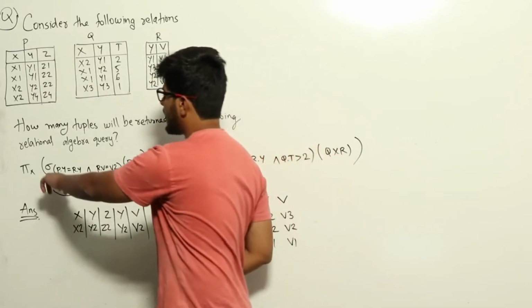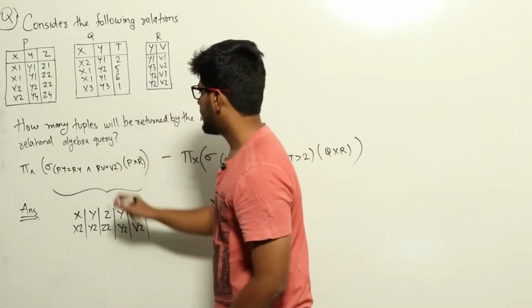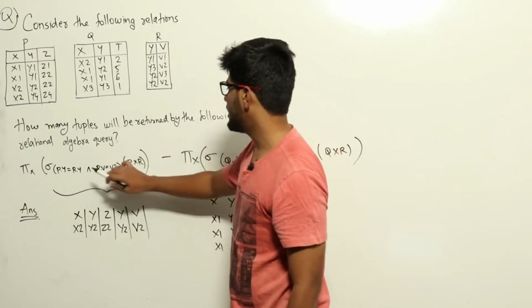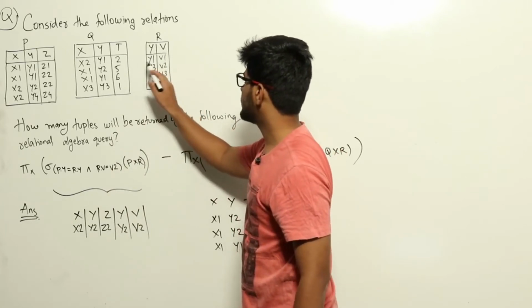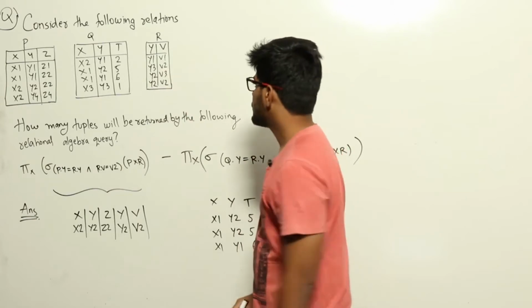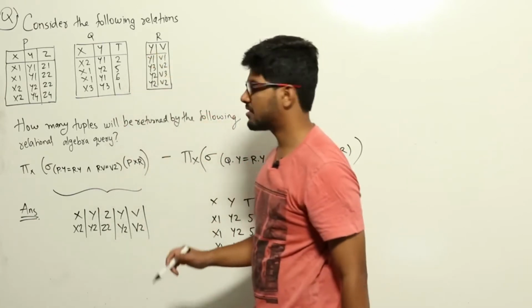And on top of that we are adding conditions such that p.y equal to r.y and r.v equal to v2. If you look at the condition r.v equal to v2, there are only 2 tuples in R which satisfy this condition, that is y3 v2 and y2 v2. So in the cross product we only need to consider these 2 tuples. These 2 tuples we don't need to consider.